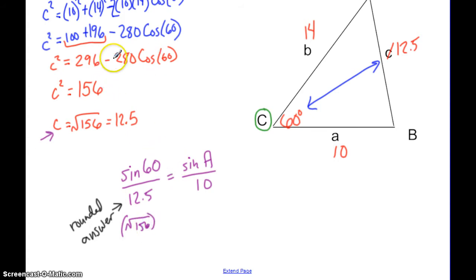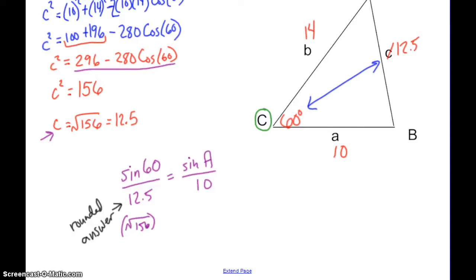There are going to be other times when this value here doesn't come out to be a nice whole number like 156. And so your calculator is just going to have decimals that you have no control over being able to use. This is one of the very few exceptions where using a rounded answer, using an answer that you have found from a rounded number, is acceptable.